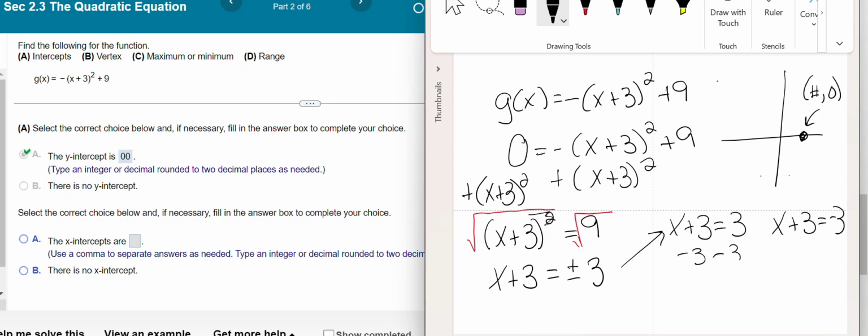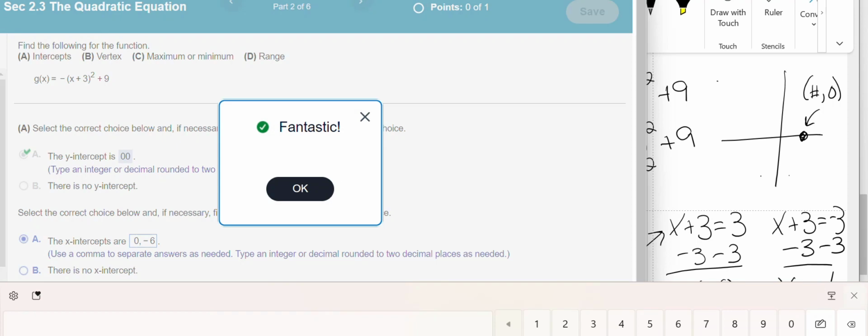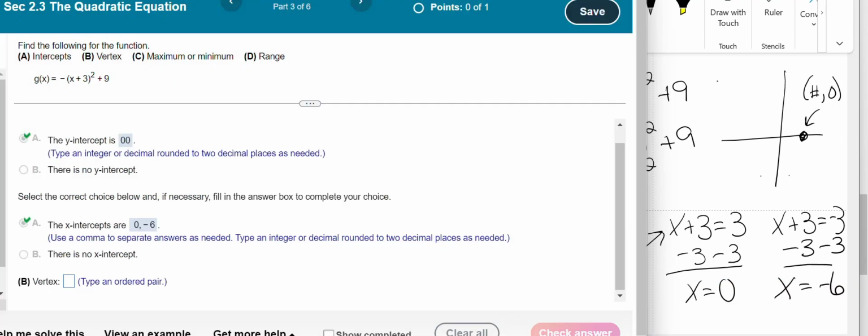Let's solve. x equals 0, so that's one of our x-intercepts, and x equals negative 6 is our other x-intercept. Okay, yay!